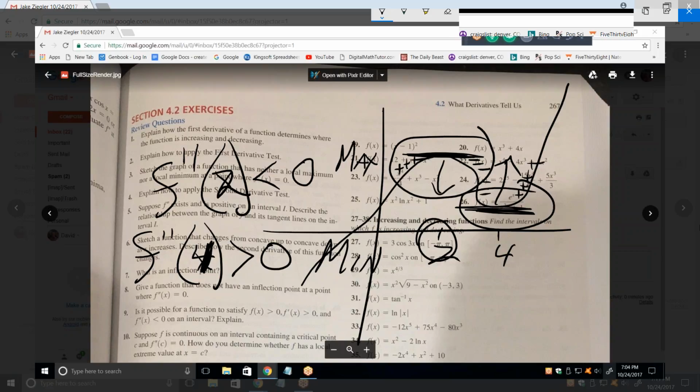Could you explain again how to do the second derivative test? Yeah. What you do is you find the points on the curve where the first derivative is 0, which in this case are 2 and 4. And then you take the second derivative and evaluate it at those 2 points.